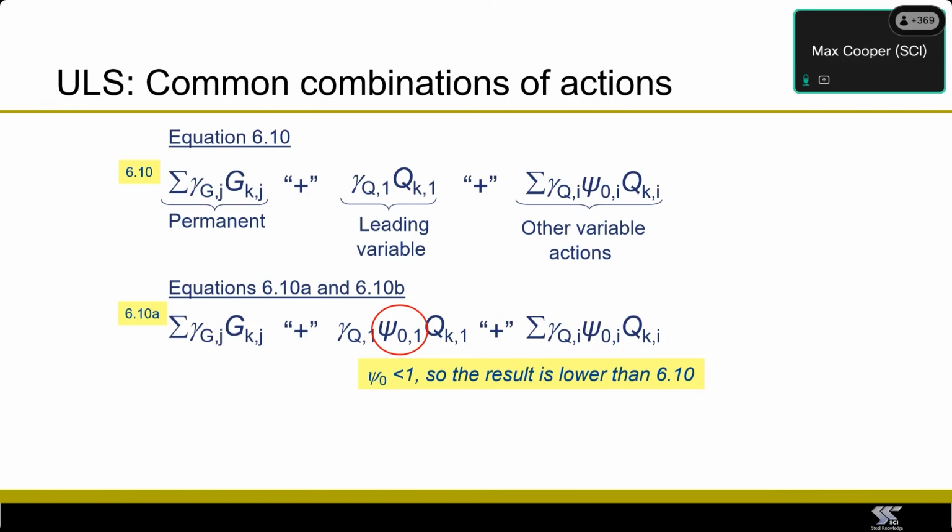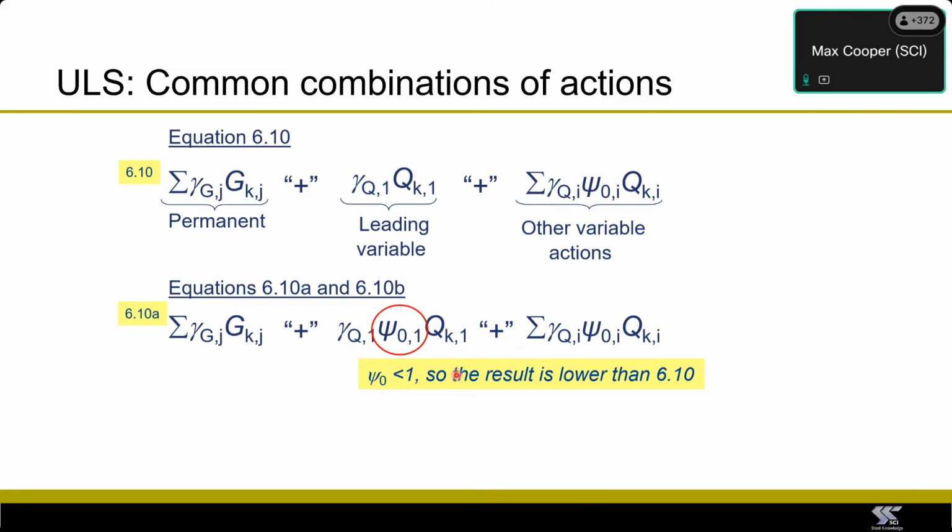So now we'll get on to the difference between equation 6.10 and 6.10a and 6.10b. I described before that 6.10a and 6.10b will always give you design values that are lower than 6.10, and here's where we demonstrate why. Looking at the difference between 6.10a and 6.10, the only difference is that we've introduced psi naught for the leading variable action as well.